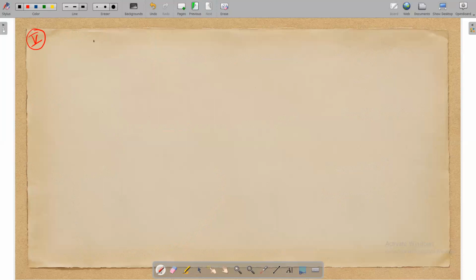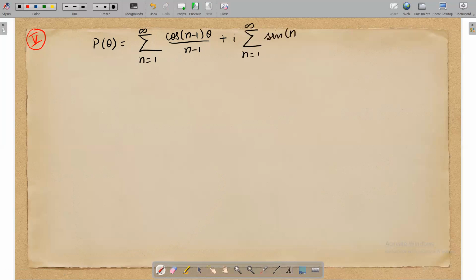So what we wrote p theta as: sigma n is from 1 to infinity cos (n minus 1) theta upon n, plus iota sigma n is from 1 to infinity sine (n minus 1) theta upon n. So here also let me correct it. What we wrote was n. So this is the sigma expansion or sigma notation of p theta that we wrote.